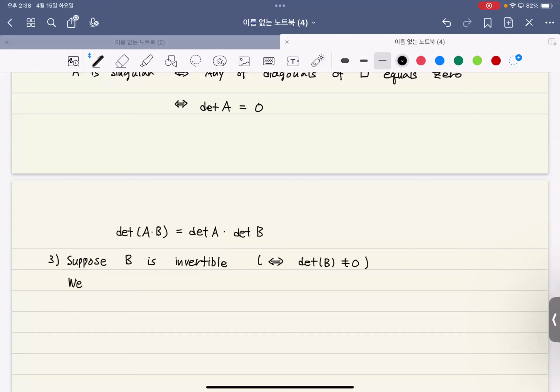Then we consider a function, which I will name D, which is a function from the space of all n by n matrices to real numbers.